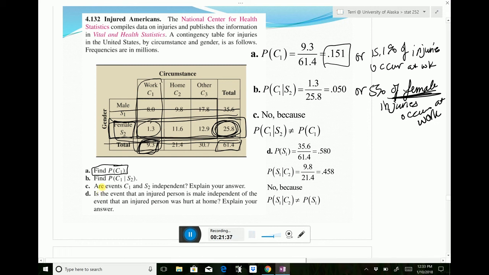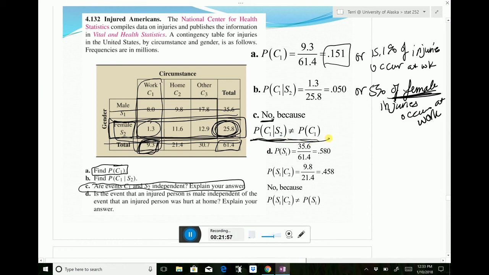Now, the question is, are these two independent? Well, the answer is no. And this is going to come up on a test, so I really want you guys to know how to do this. The probability of C1 given S2 is not equal to the probability of C1.